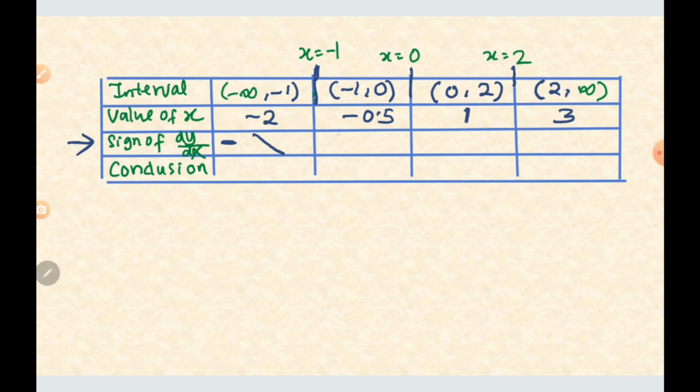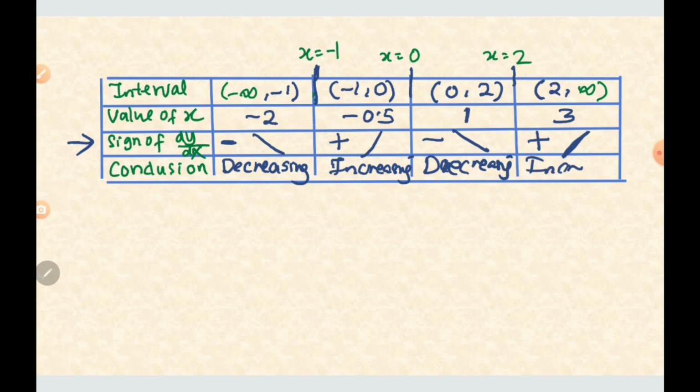This one positive, this one negative, and last one positive. Therefore the function is decreasing, then for the second one the function is increasing, this one is decreasing, and last one increasing.